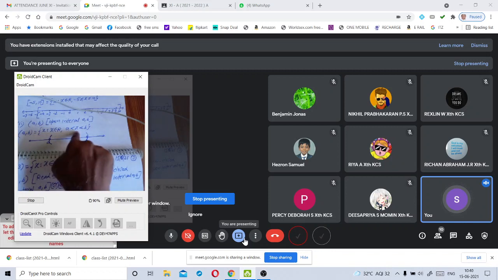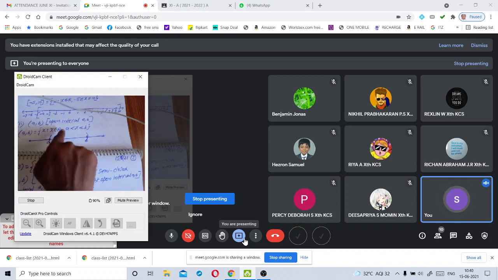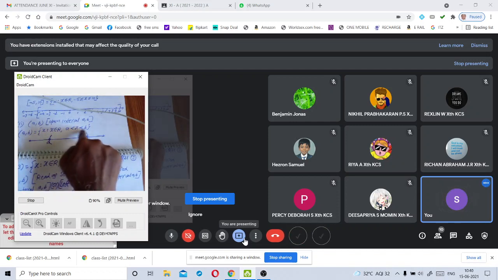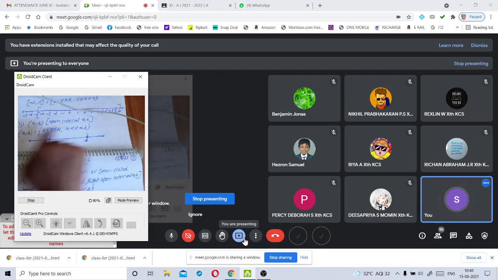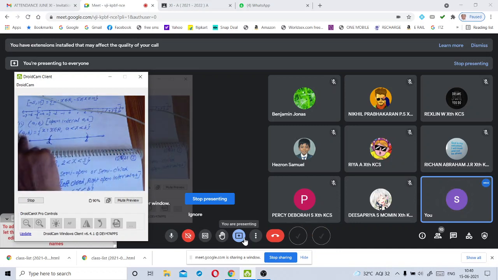I will repeat this once. Open interval a comma b is equal to set of all x such that x belongs to R, a less than x less than b. Now will you read this line, my dear children? Benjamin, read this line.